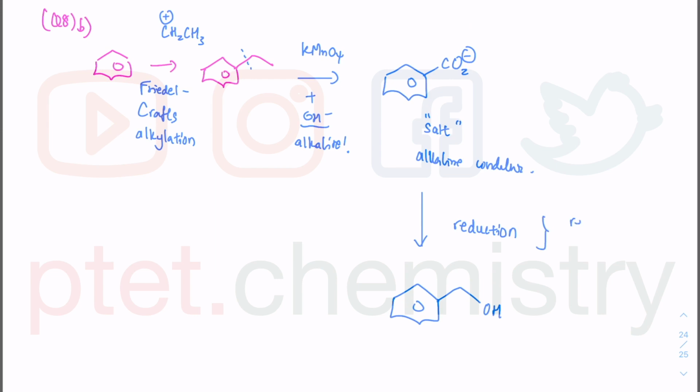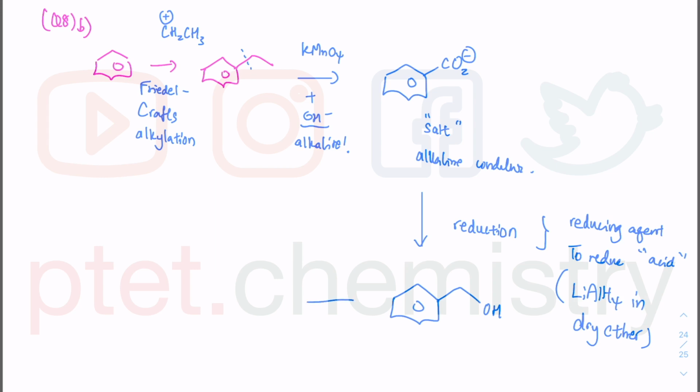Reduction requires a reducing agent, and the only one strong enough to reduce a carboxylic acid, which of course is not a real carboxylic acid because it's a carboxylate there, I need LiAlH4. This is called lithium aluminium hydride, and I need to use it in dry ether because it is very, very sensitive to water.